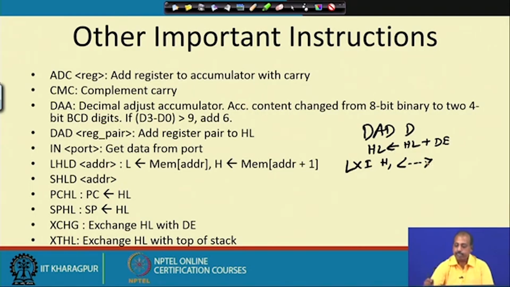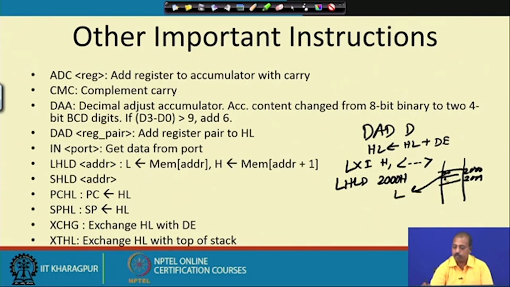Now the LHLD instruction, say LHLD 2000 hex: if this is memory location 2000 and the next one is 2001, then the content of location 2000 will be loaded into the L register, and the content of location 2001 will be loaded into the H register.